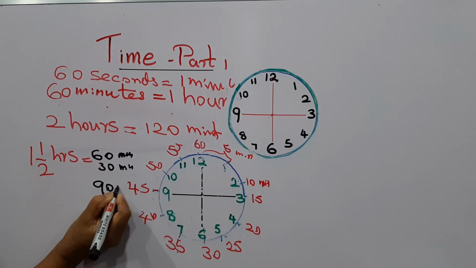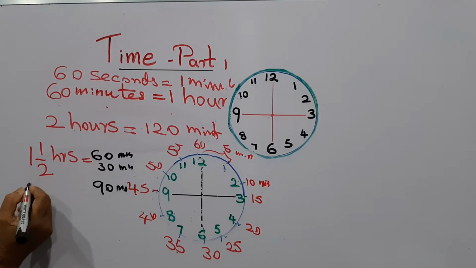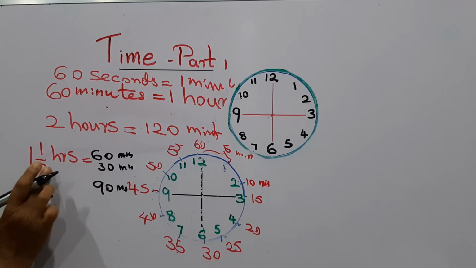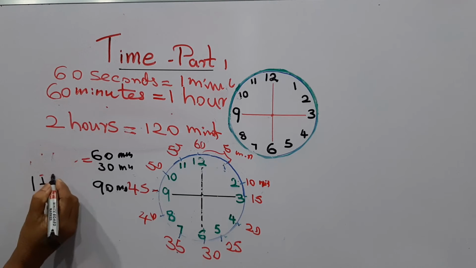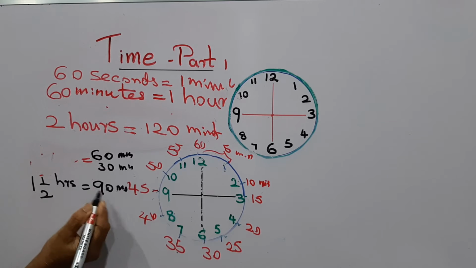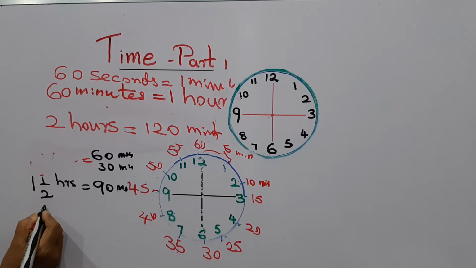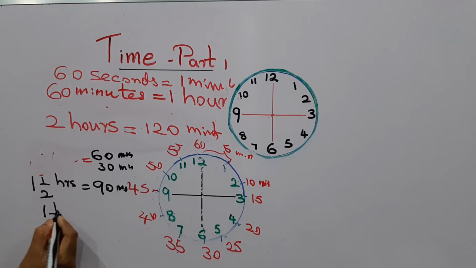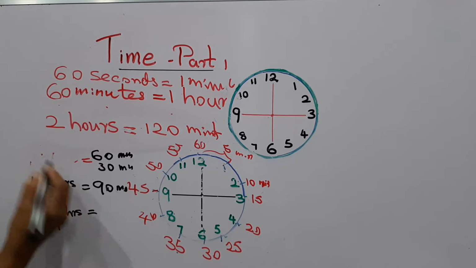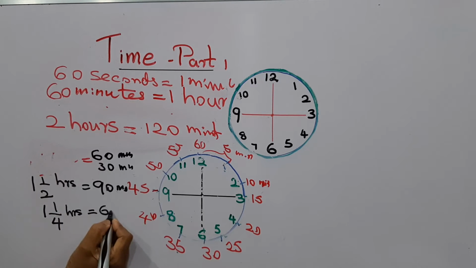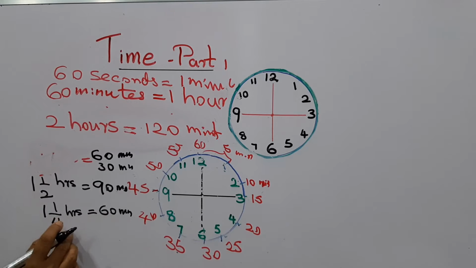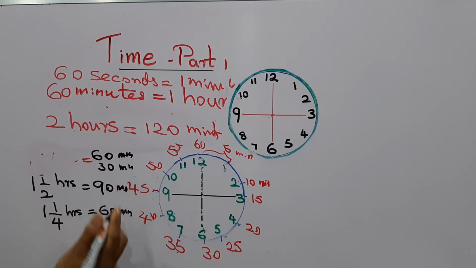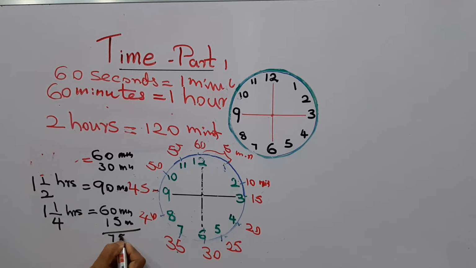That is 90 minutes. 1.5 hours equals 90 minutes. Then 1.25 hours. That means 1 hour means 60 minutes plus a quarter, that means 15 minutes. Total is 75 minutes.